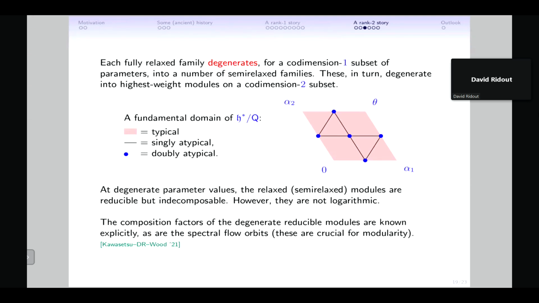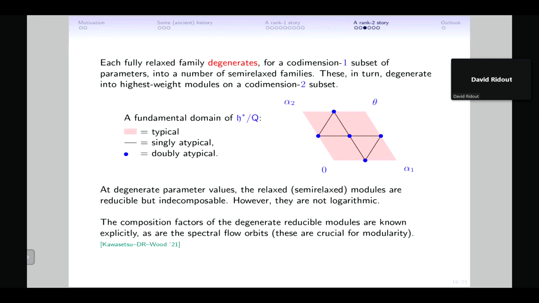So what happens is that, as with SL2, your relaxed family degenerates. So if you take a fully relaxed family, and so there's parameters, which this is a fundamental domain, but don't worry too much. You take the parameters, and if you tune the parameters just so, you'll hit one of these black lines. And the black lines, what happens is that you break up into some number of semi-relaxed families.